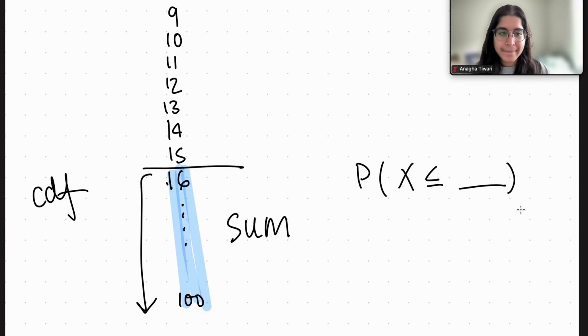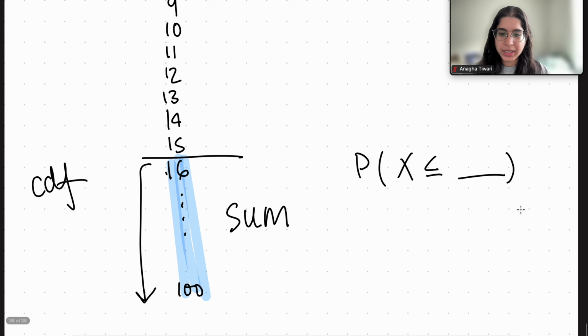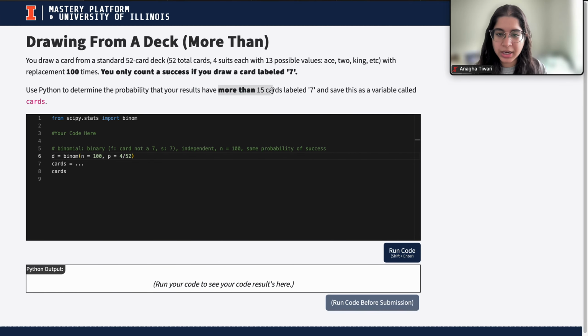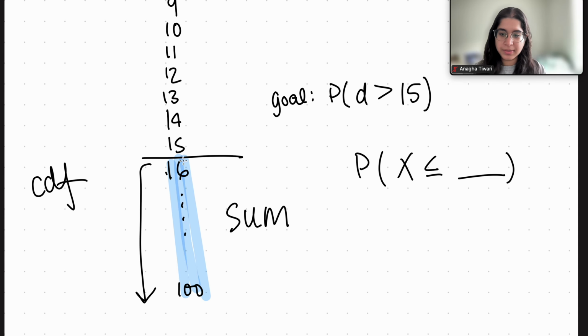So my goal is to find the probability that D is greater than 15, which is the same thing as greater than or equal to 16.